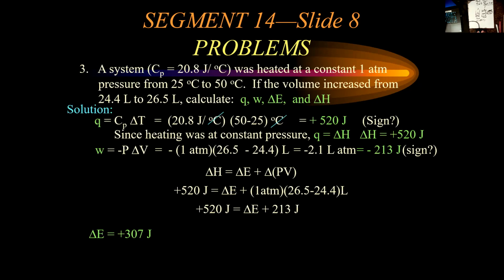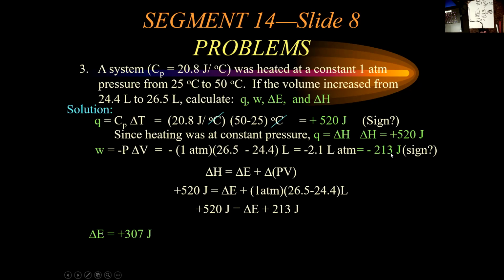So that's our conversion factor, and this comes out to be negative 213 joules. The negative sign was because we saw in our little picture the volume increase during the reaction, which meant the system had to push the surroundings back to accommodate that volume increase, and work came out of the system.